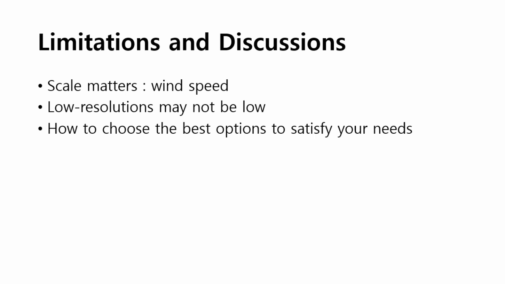So to sum up, this session addressed why it is important to monitor large-scale development of temperature and the related processes, because the accuracy of forecast really depends on the scale.